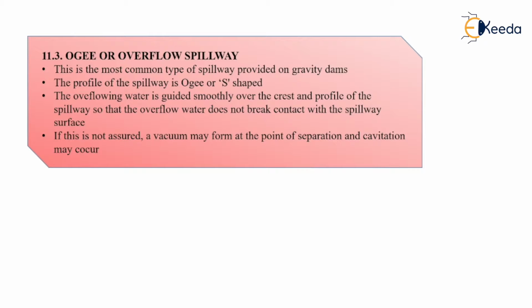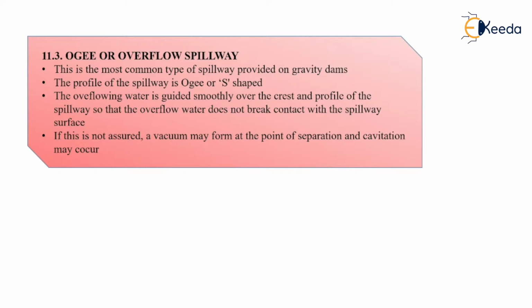Even if you look at the side channel and shaft, then you have a straight drop also. In the straight drop spillway, you have seen that the water will come over from the upstream and continuously exert pressure on the bed section or on the downstream part of the spillway.